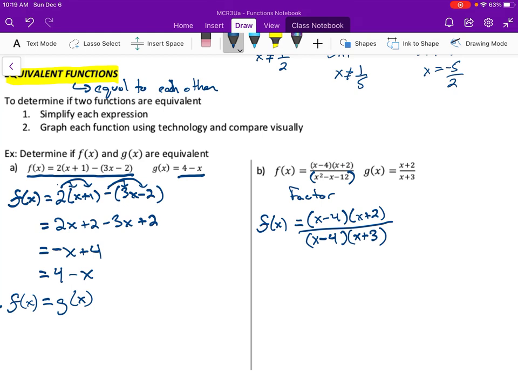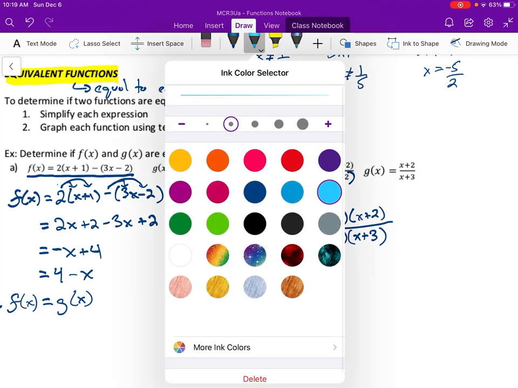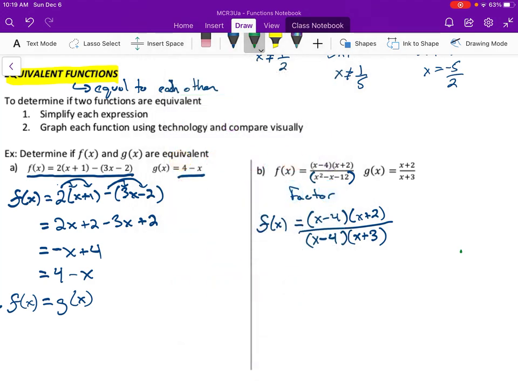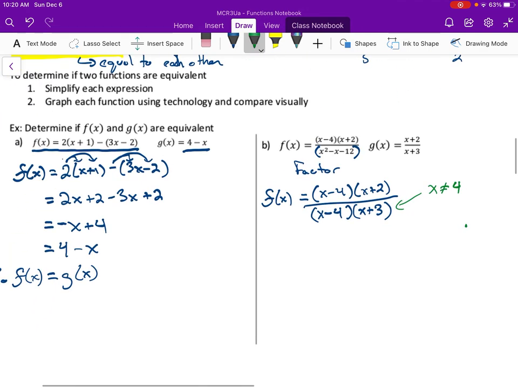So this is the step where I have to consider what my restrictions are on my variable. If I look at the denominator only, before I divide the common factor, I have to state the restrictions. So what this means is that x cannot equal 4 from the first brackets, and then also x cannot equal negative 3.